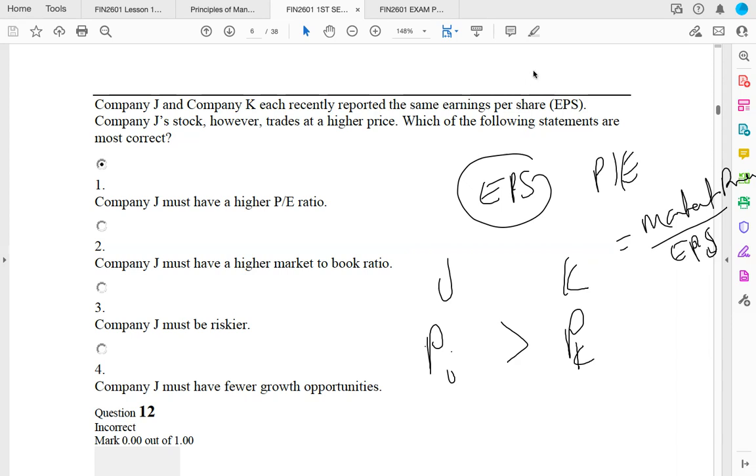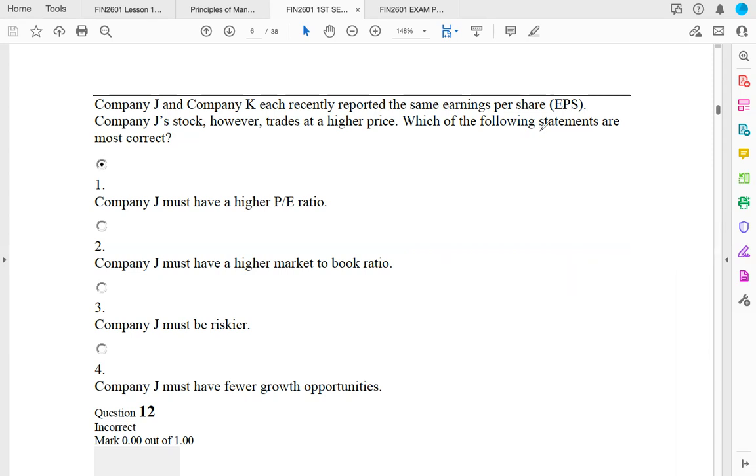And usually, companies that trade at very high price to earnings ratios are usually really good companies to invest in. It means that investors believe that those companies have a lot of potential, so they are prepared to pay much higher compared to the earnings or the profits that the company can give them.